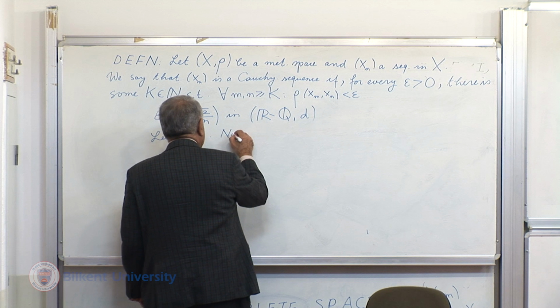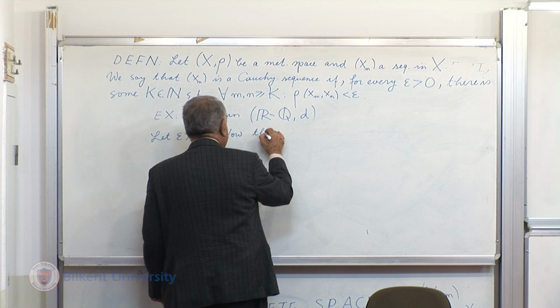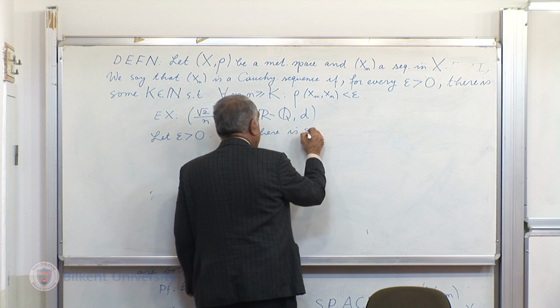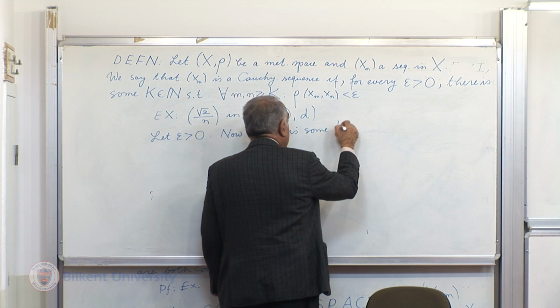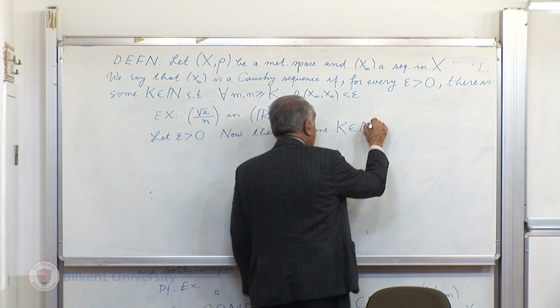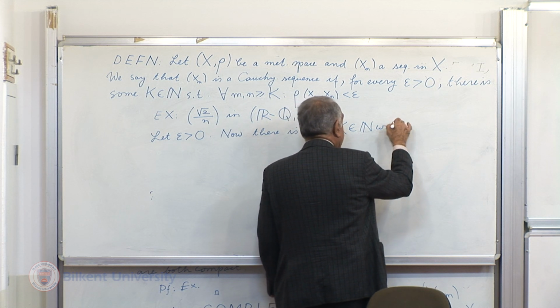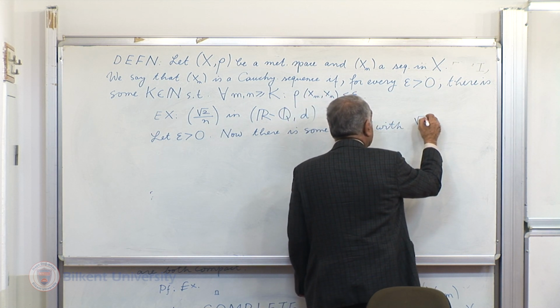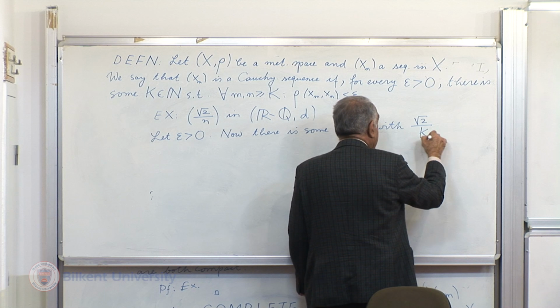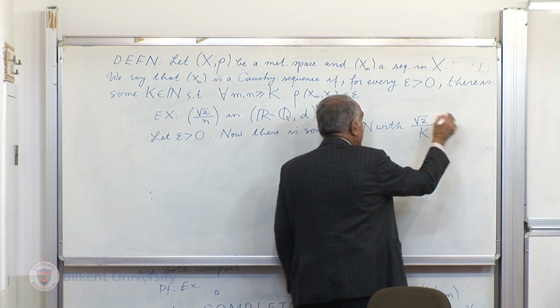Now, there is some k in N with square root of 2 over k less than epsilon.